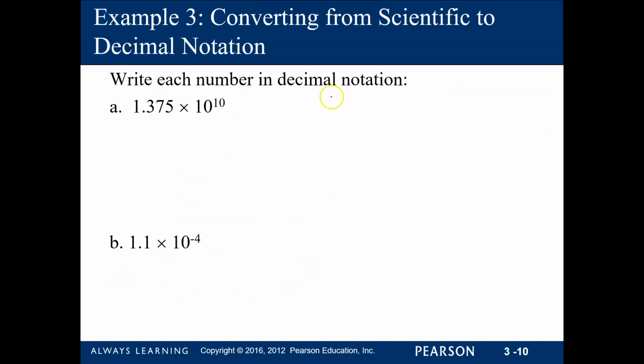For example, in this case, we have the scientific notation written as 1.375 times 10 to the 10th. Remember, when you have a positive exponent, here positive 10, we move the decimal point 10 places to the right. So we go 1, 2, 3, 4, 5, 6, 7, 8, 9, 10, and we fill out those zeros.